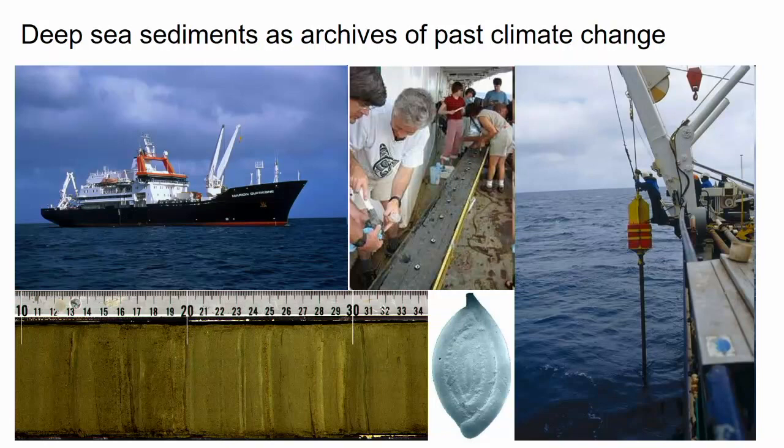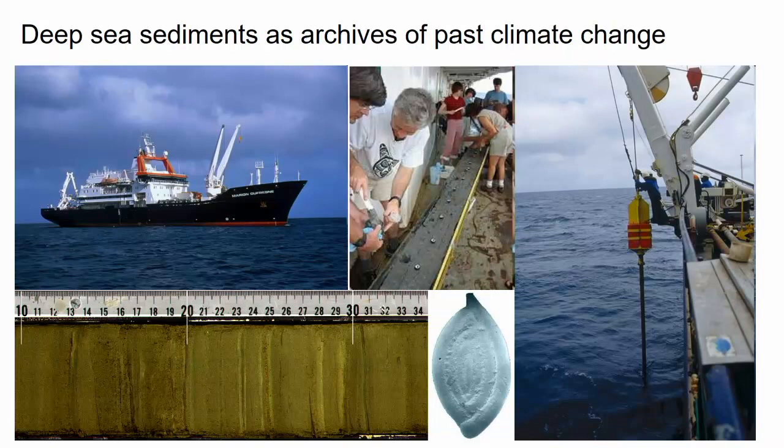So we can take a big ship like this one, which is French, which is nice, and we basically drop a big steel barrel core into the seabed, and we can pull out a big long section of mud, which, if we're lucky, will have layers in, so we can work out the age.